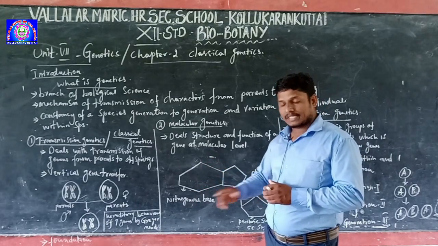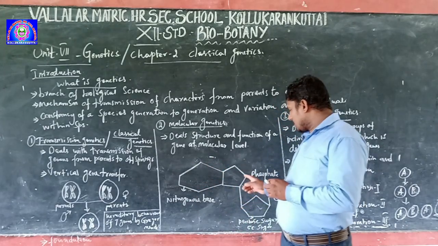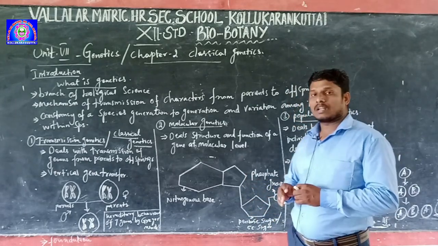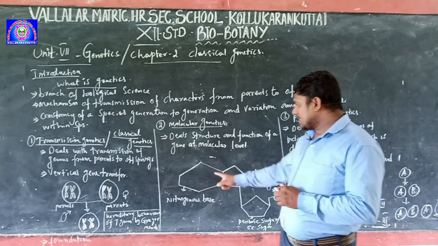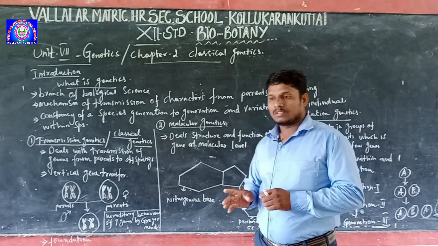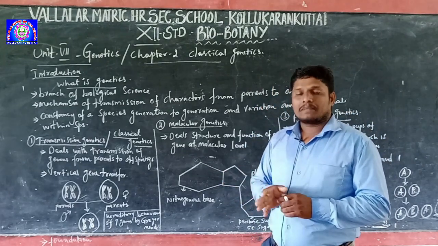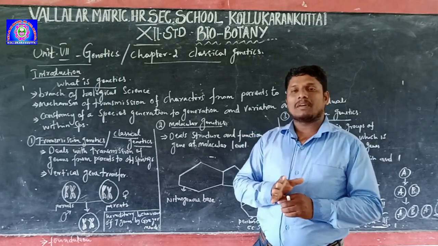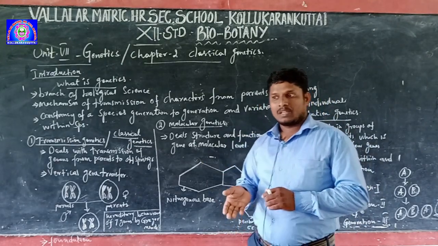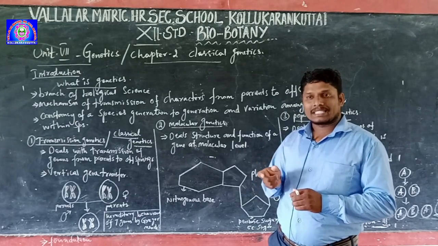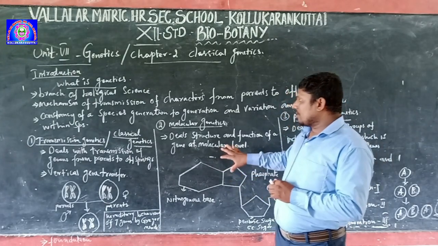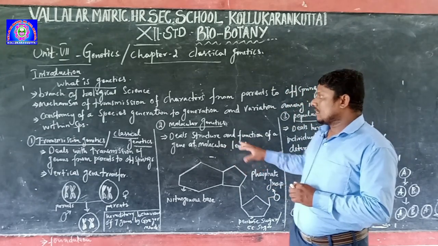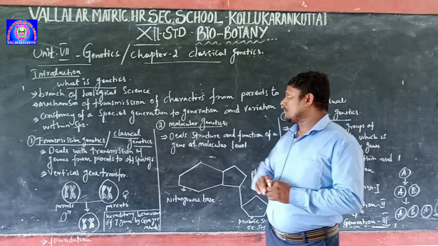Molecule number 1 is a nitrogen base, molecule number 2 is a pentose sugar or 5 carbon sugar, and molecule number 3 is a phosphate group. If a change takes place in any one of these 3 molecules, parental characters may be lost. So this type of mechanism is dealt with by molecular genetics.